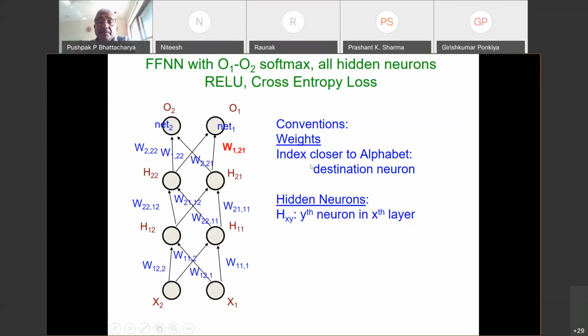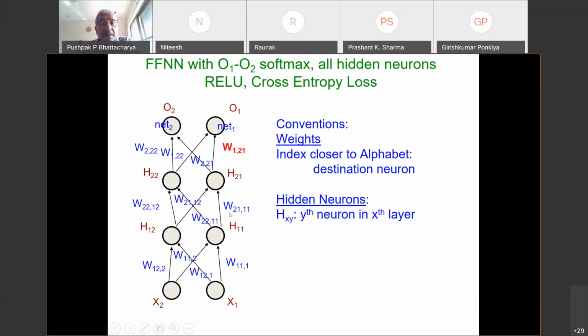And we follow a convention that the number close to the alphabet is the destination neuron, and the number which is separated by a comma, or is another single number, is the index of the source neuron. So W1,21 is the weight going from hidden layer neuron 21 to the first neuron in the output layer.